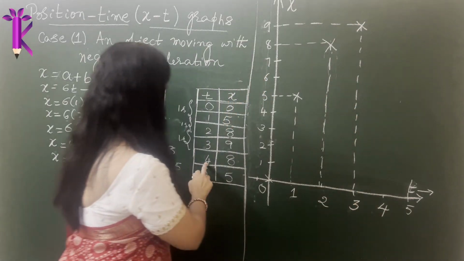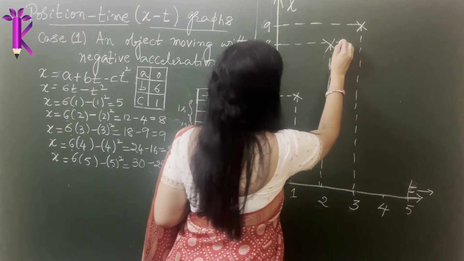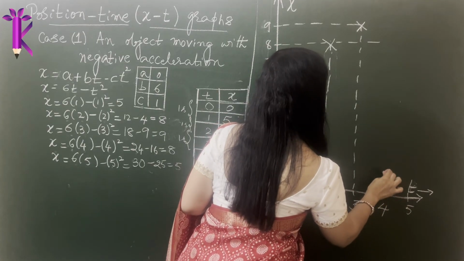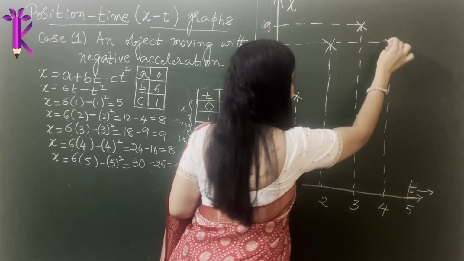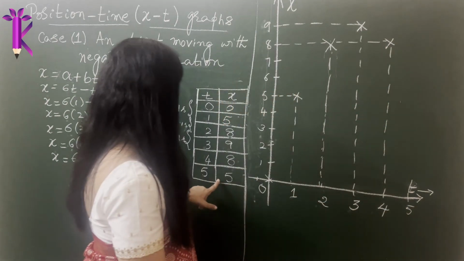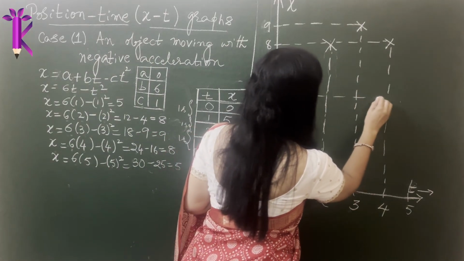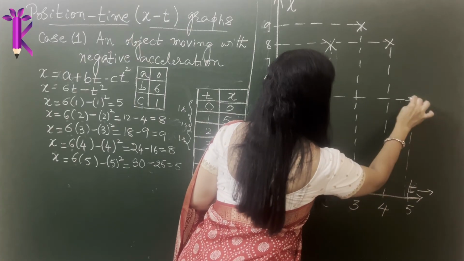Now t is 4, you see it has come back to 8. Now t is 5, it will be 5. So when t is 5, it has come back to 5.